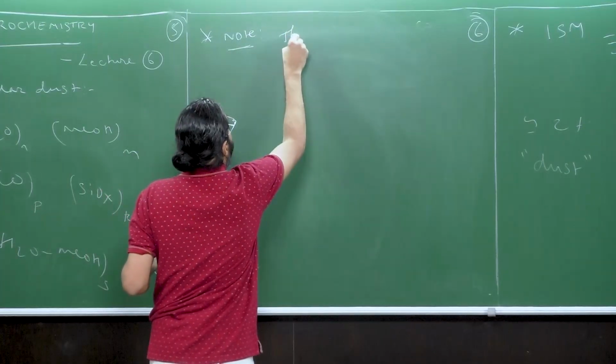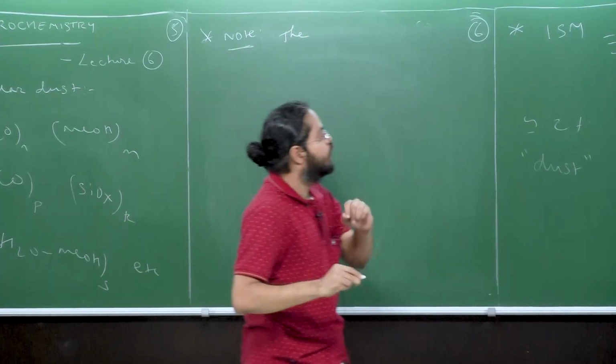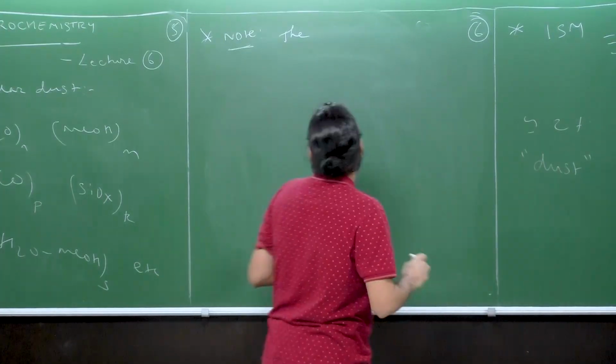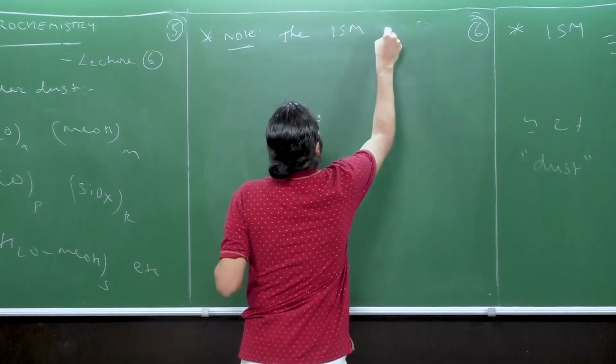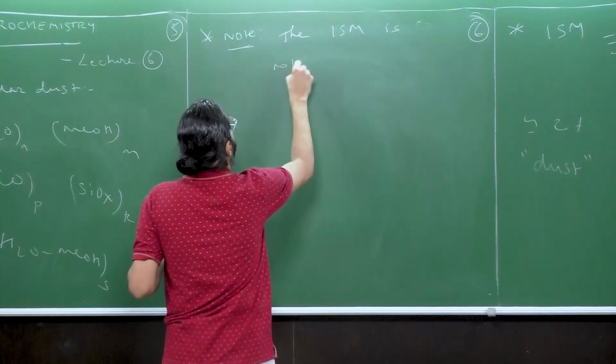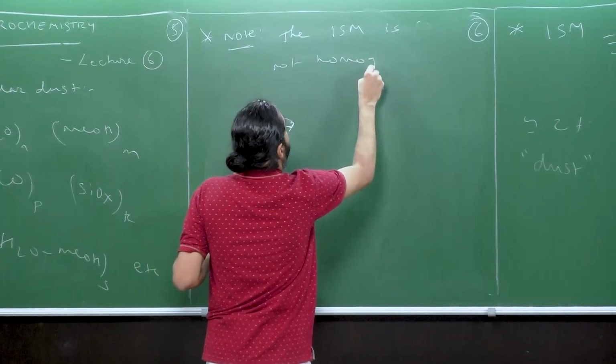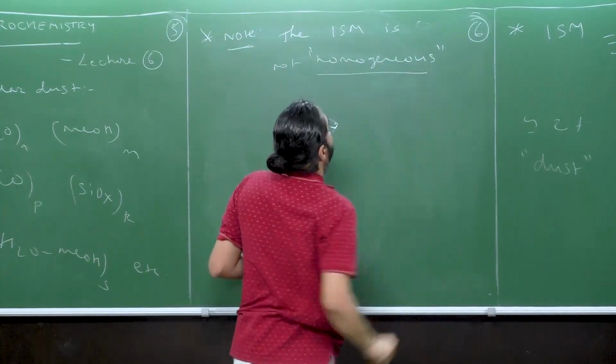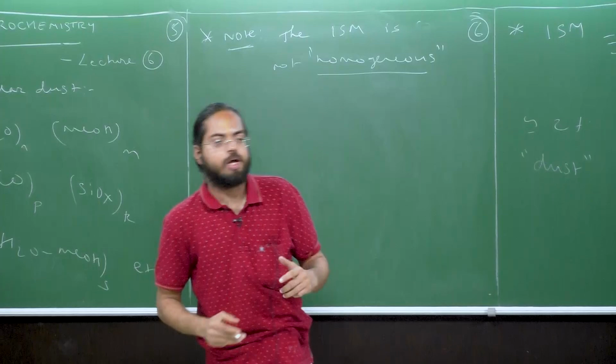The ISM, despite comprising only of gases and dust, is not a homogeneous medium. Now, what do I mean by not homogeneous?